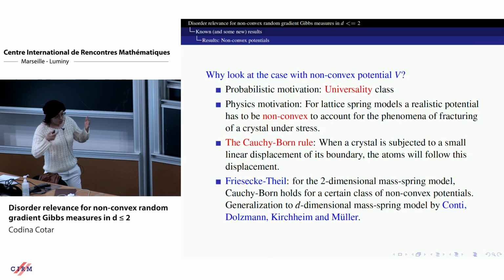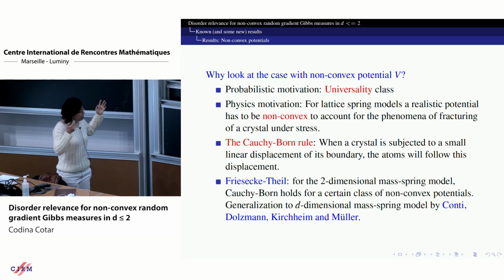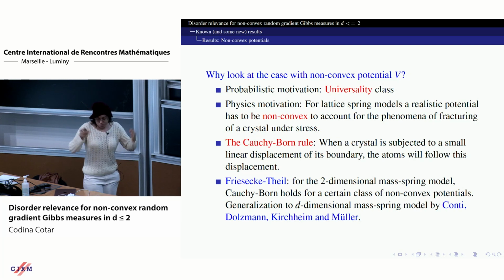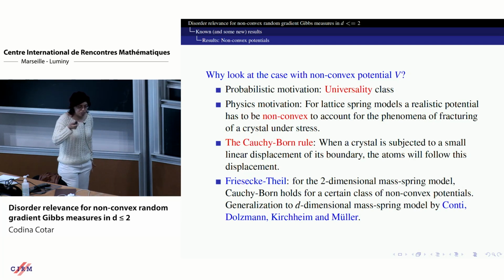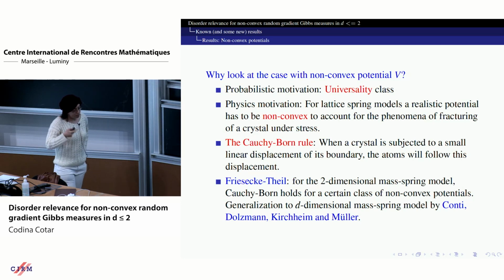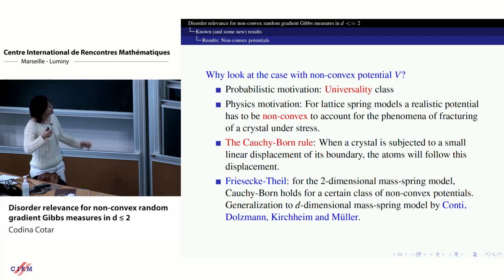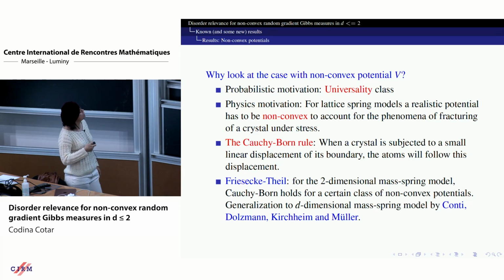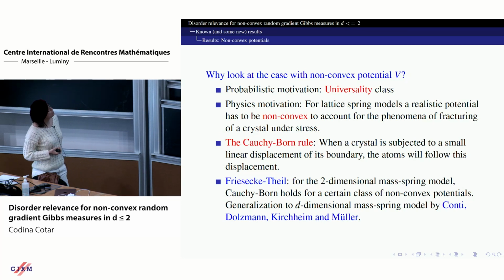And then there's a physics motivation: as Marek also mentioned, strictly convex potentials are not very realistic from the point of view of physics. For example, if I look at lattice spring models, a realistic potential has to be non-convex to account for the phenomenon of fracturing of a crystal under stress.